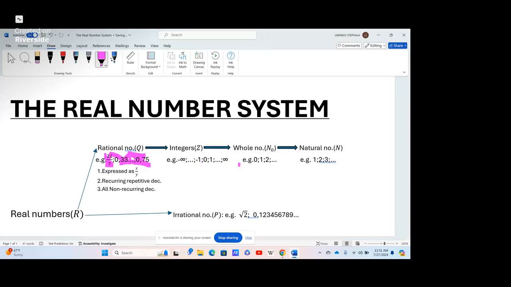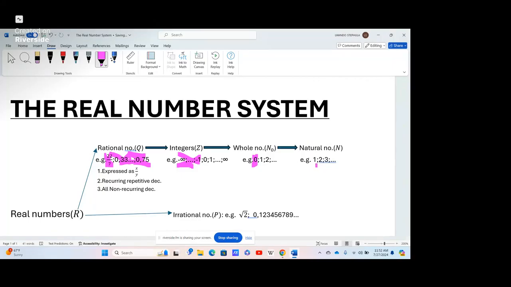To get whole numbers from integers, you simply remove all the negative numbers, and you are left with 0, 1, 2, 3, 4, 5, 6, 7, 8, 9, 10, up to infinity. And to get natural numbers from whole numbers, you simply remove the 0, and you are left with 1, 2, 3, 4, 5, 6, 7, 8, 9, 10, up to infinity.